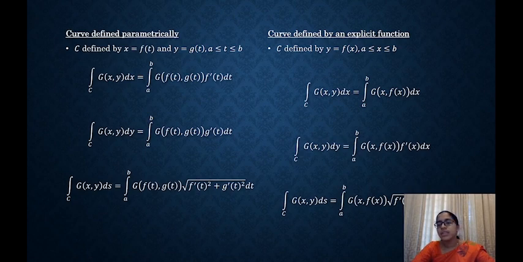Finally, the line integral with respect to arc length, the integral over C of g(x,y) ds, will be equal to the integral from a to b of g(x, f(x)) times the square root of 1 plus f'(x) whole squared, dx. So that is how we are going to do it. Remember these formulas, keep them in mind, and do the corresponding problems.